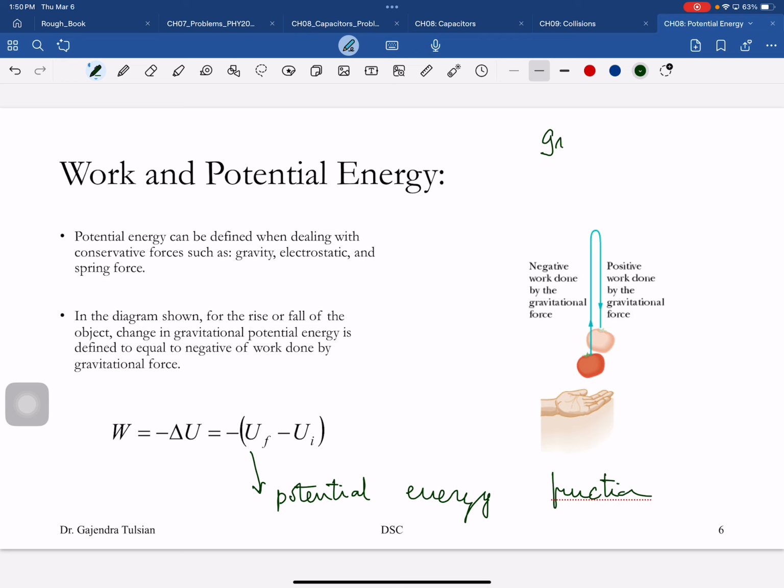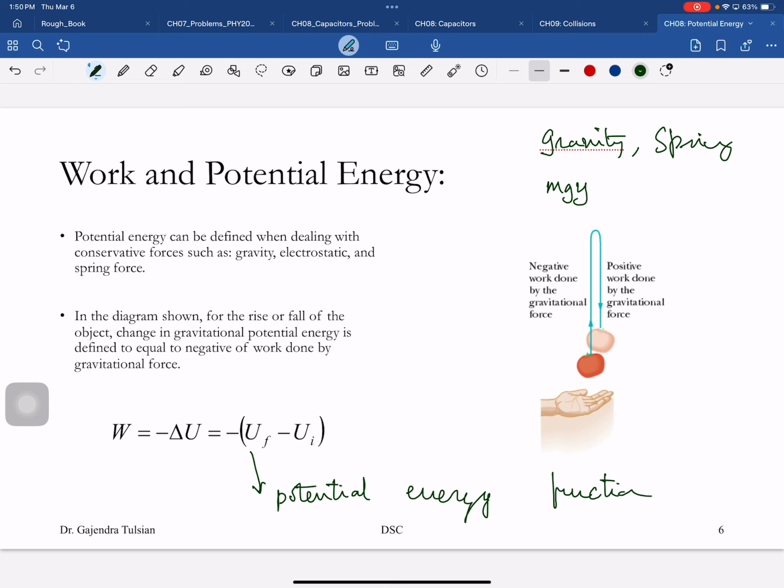Gravity and spring force. So we'll give you the potential energy function for gravity and spring in a second. That'll be your job. So I'll just show you the expressions and then I'll derive them for you. For gravity, mgy, that's the potential energy function.